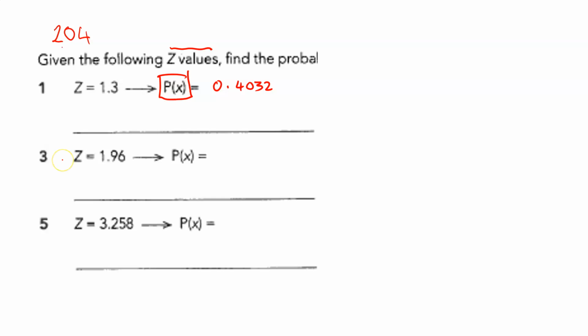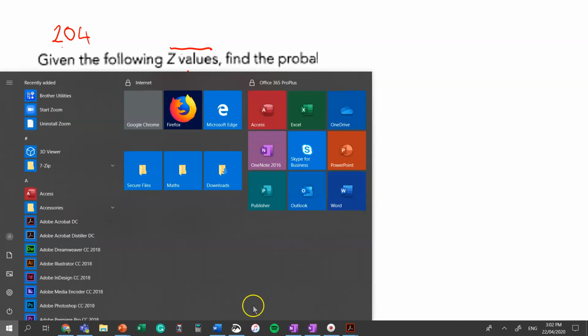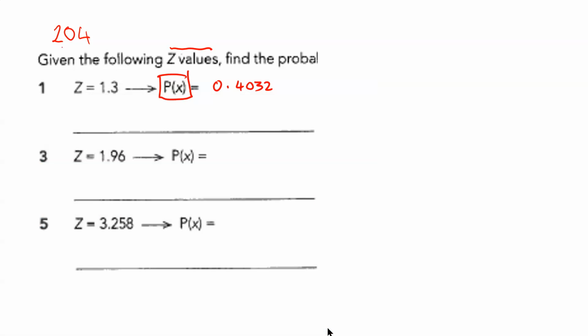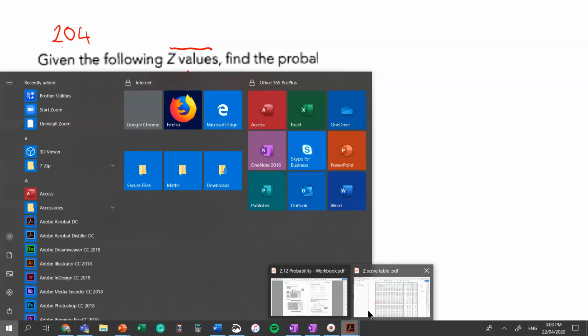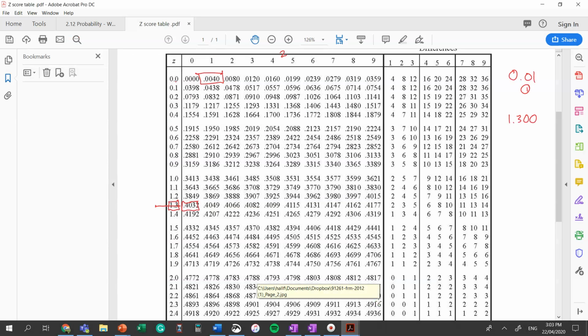Okay, so let's have a look at the second example. Z is equal to 1.96. So go back to your table. First thing we need to do is go down the column, trying to find 1.96.